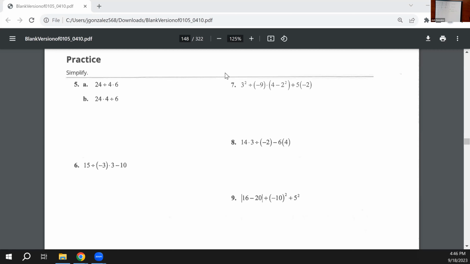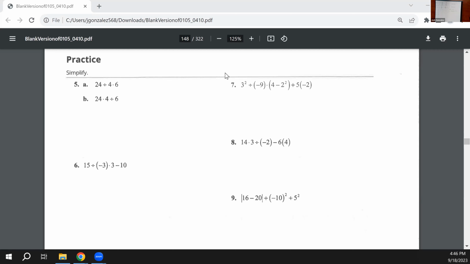So you're saying 24 times 4 times 1/6, with 6 on the bottom. 6 goes into 24.